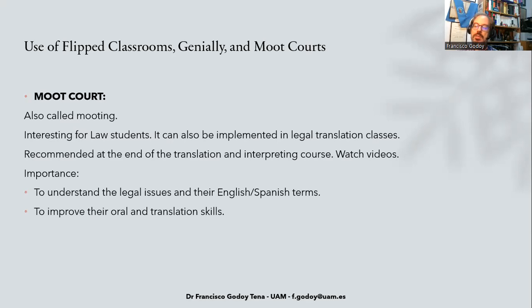Additionally, of course, as it's part of a court, they can actually improve their oral and translation skills. In that case, it could be good for translation and interpreting. They can improve and increase their register.